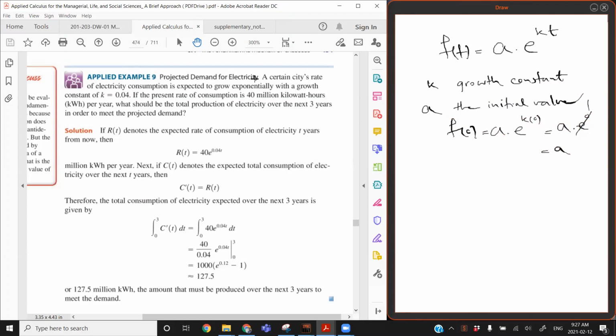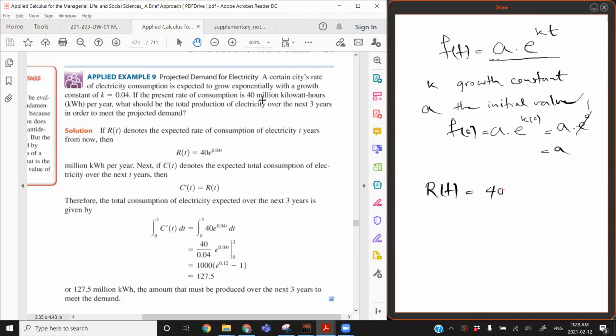So with this information, we can construct the function. The rate of change is going to have this form, where it says the present rate of consumption is 40 million kilowatt hours per year. So the present is at time 0. At time 0, the rate of consumption is 40.